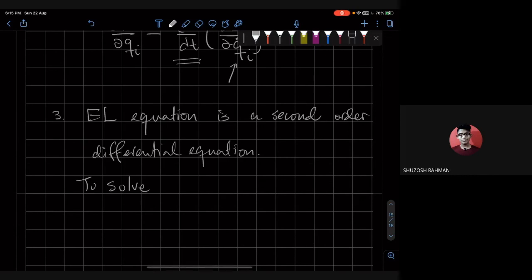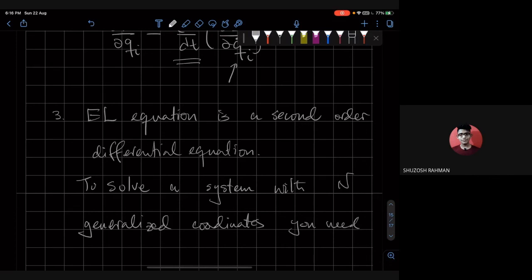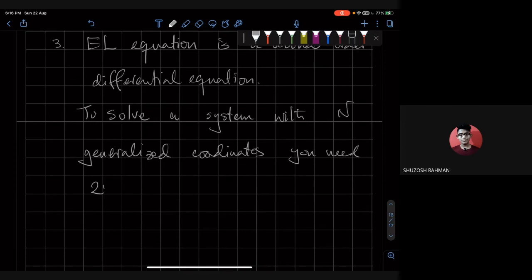So to solve a system with, say, n generalized coordinates, you need 2n boundary conditions, right?